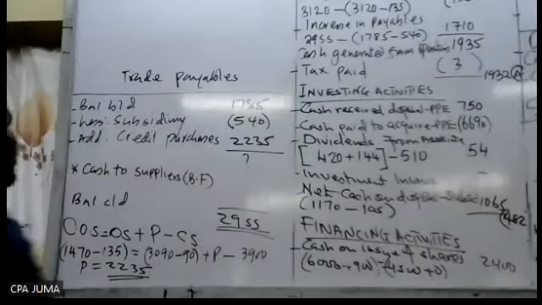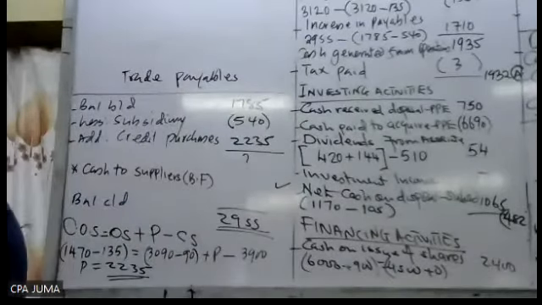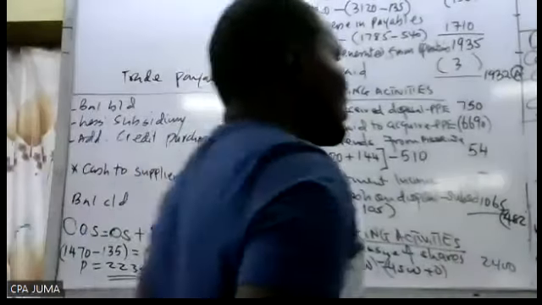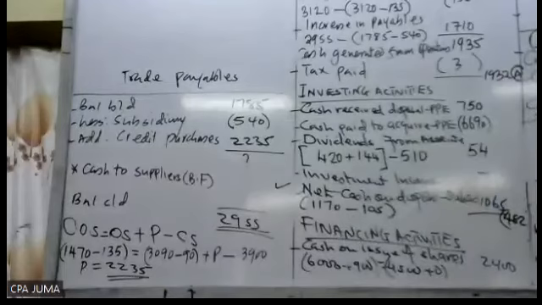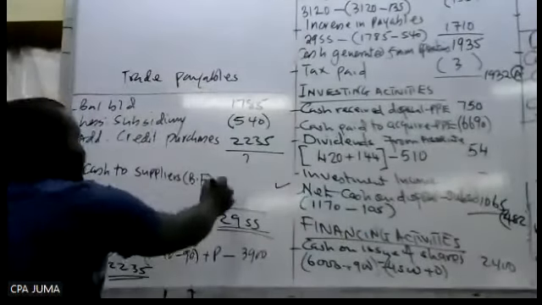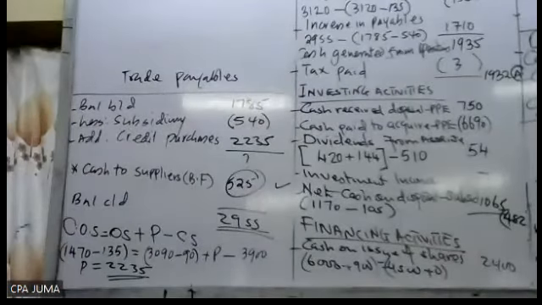So I'm waiting for this one here, the balancing figure, what was paid. What was paid? So paid, I'm told, is 525.